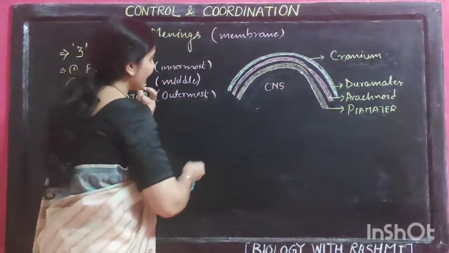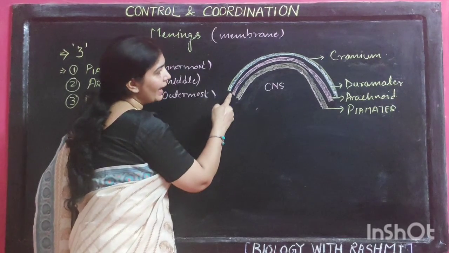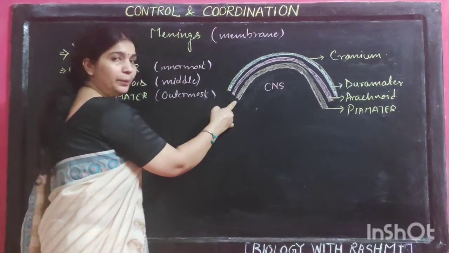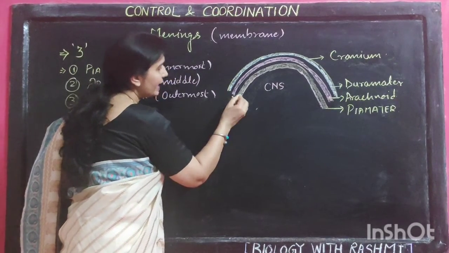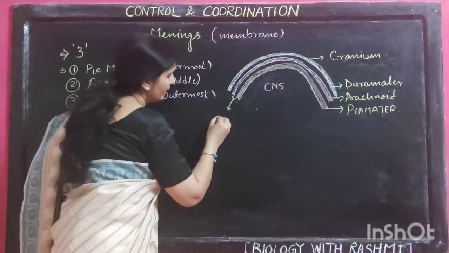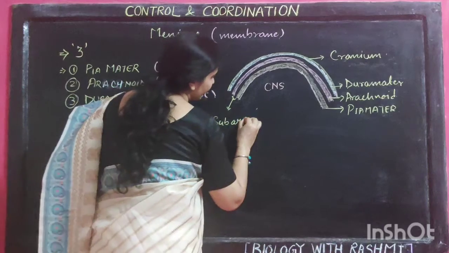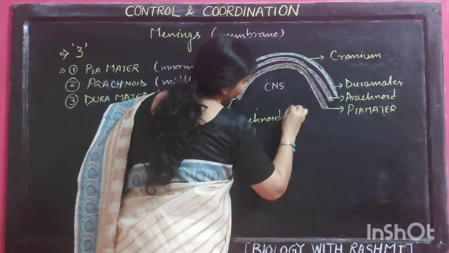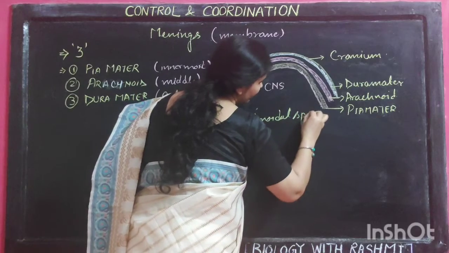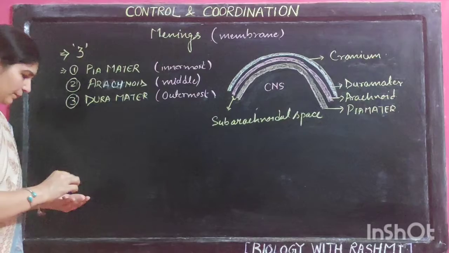Here you can see that there is a difference or gap present between the arachnoid and the pia mater. This gap is known as the arachnoidal space. So what is the use of this space?